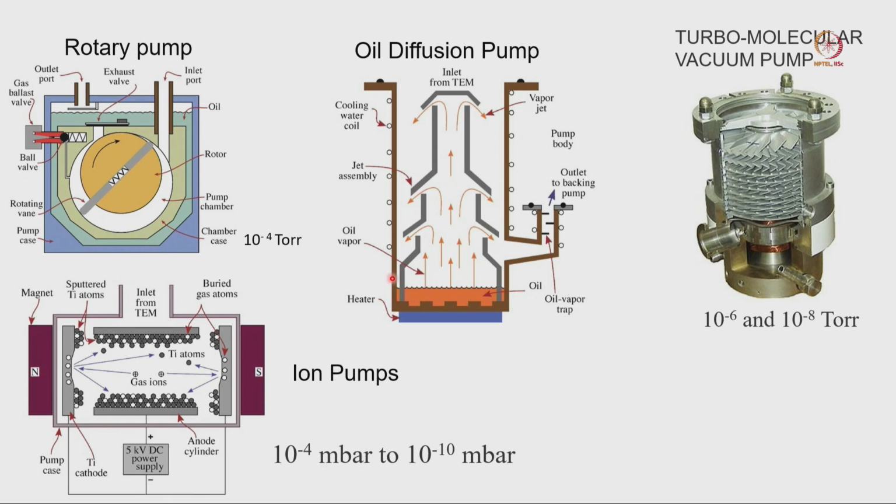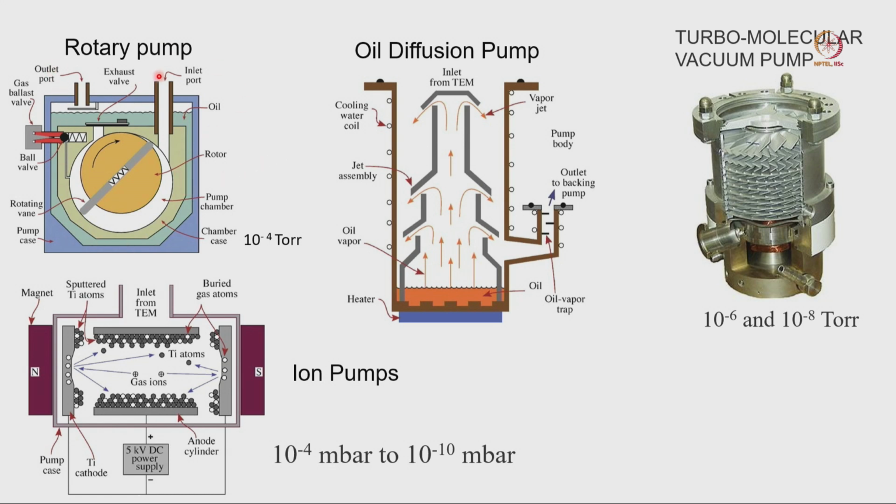Now, here we can see different types of pump. As I mentioned, the rotary pump, then oil diffusion pump, then turbomolecular vacuum pump, and then ion pump. Here the vacuum range of some of these pumps is written.